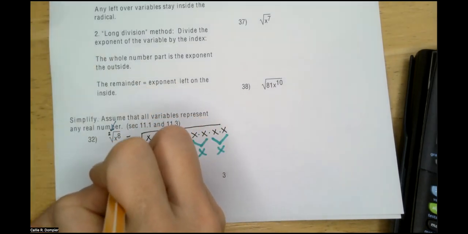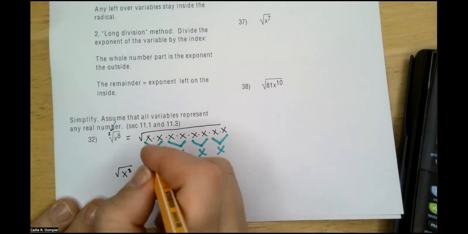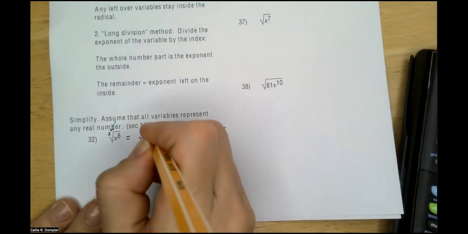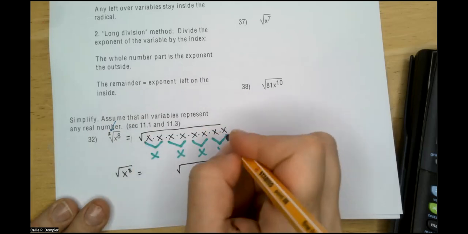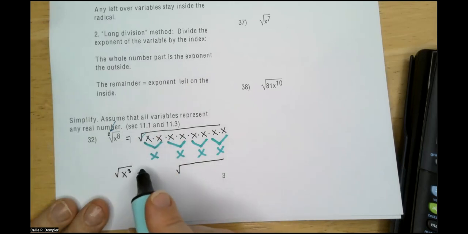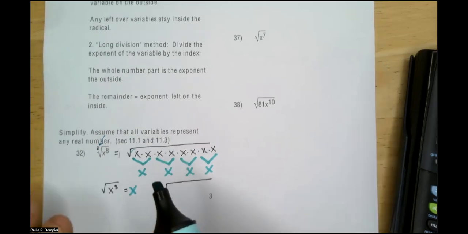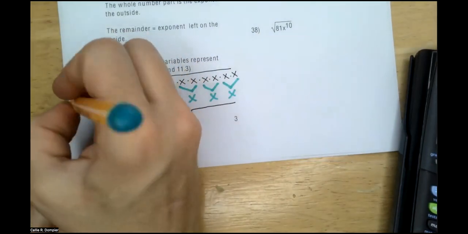The square root of x to the 8th now becomes, right? This x comes out. So here's the radical with all those x's, but the x's come out. So this group represents 1 x outside.